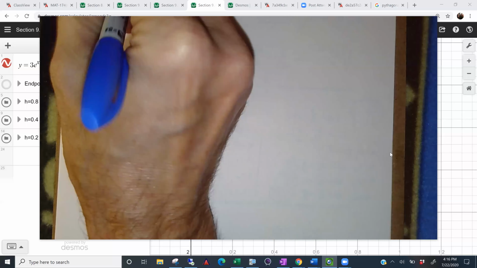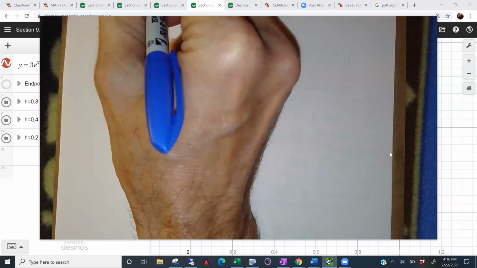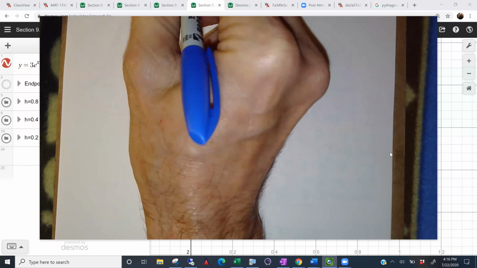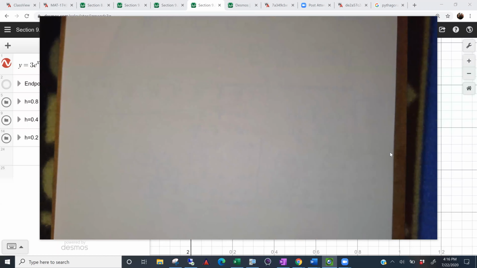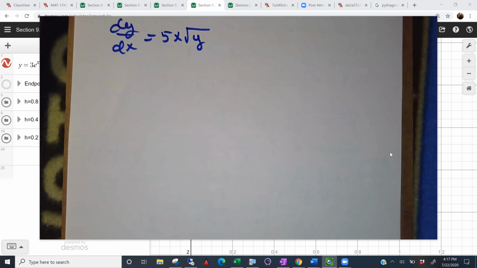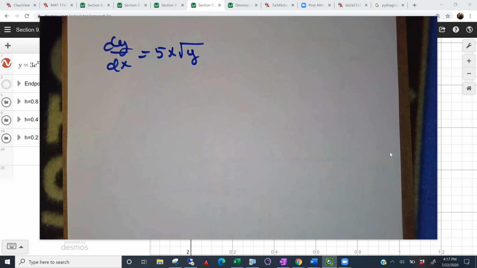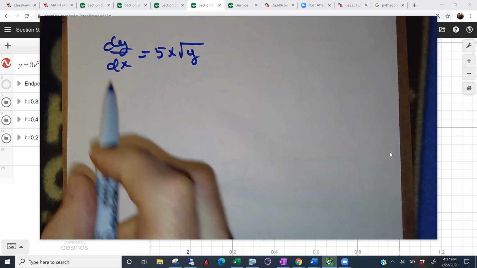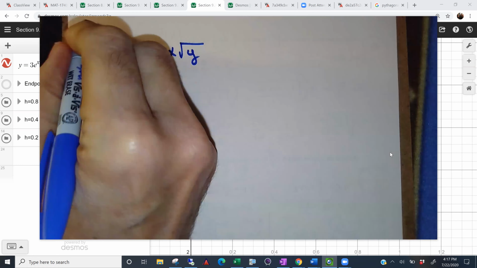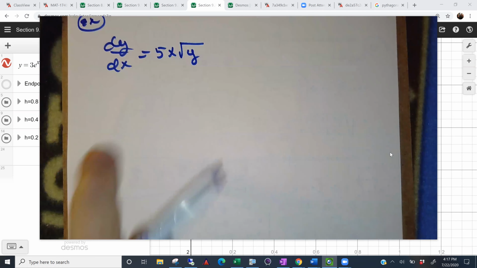dy by dx is 5x times the square root of y. So we're going to play the same game that we did with the last one, and that is we're going to multiply both sides by dx to get dy by itself.